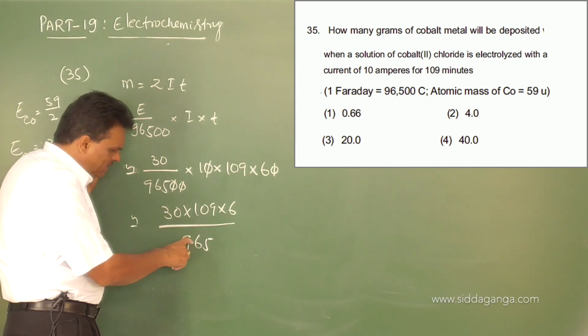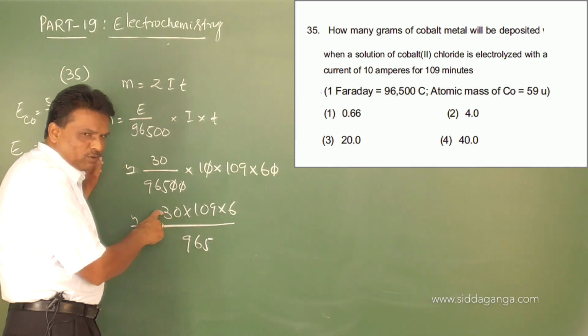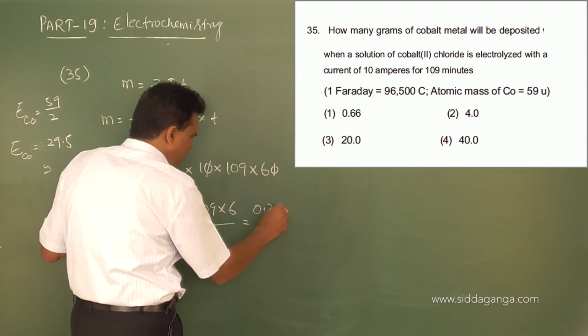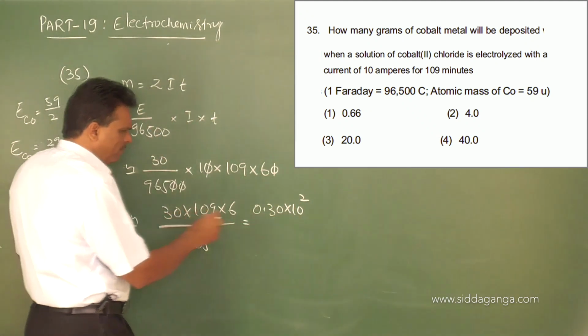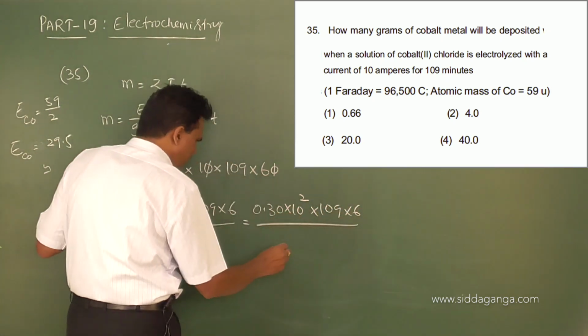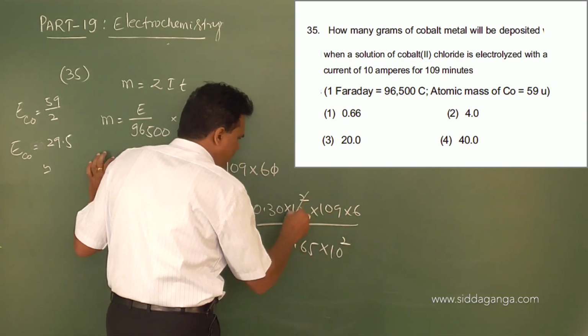With 9.65, you can take 0.3 here. Look, this is equal to 0.30 into 10 to the power of 2, 10 power 2 into 109 into 6 divided by 9.65 into 10 to the power of 2. You have to cancel.